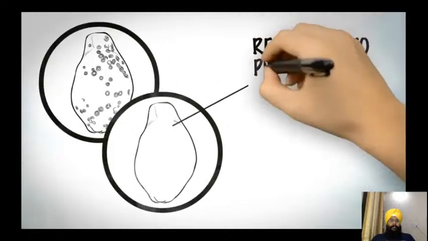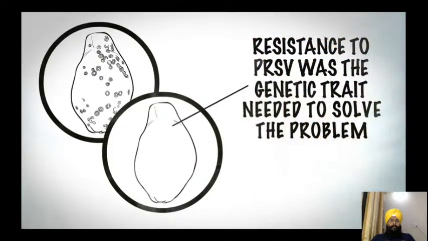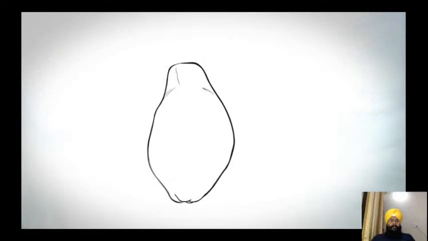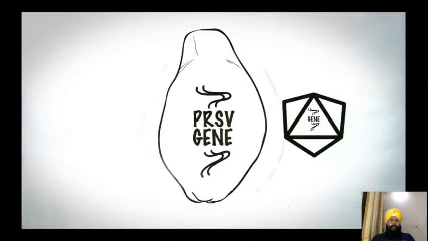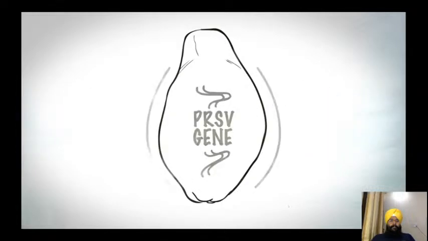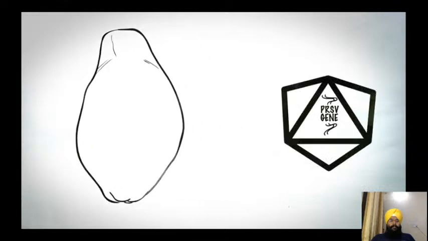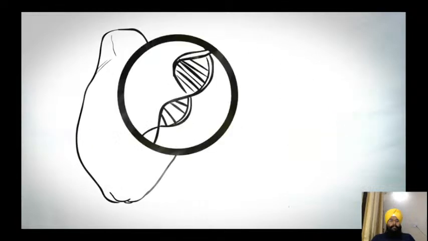PRSV resistance was the genetic trait needed to solve the problem. Researchers knew that if plants contained certain genetic material from the virus within their own DNA, they were protected. If they could insert a copy of this gene from the virus itself into the papaya's genetic makeup, the plants would be protected.